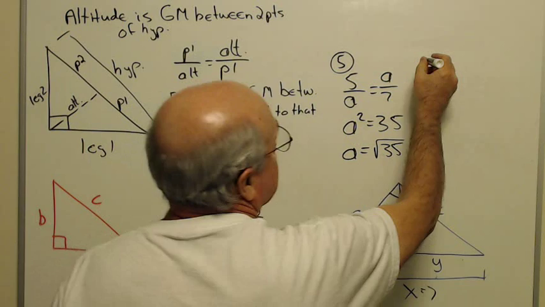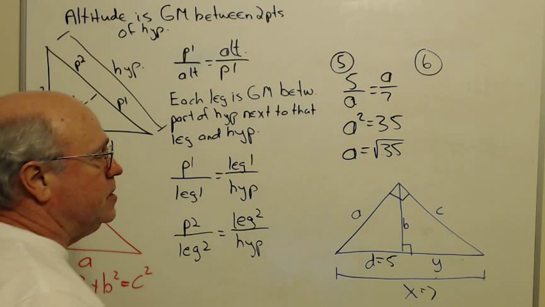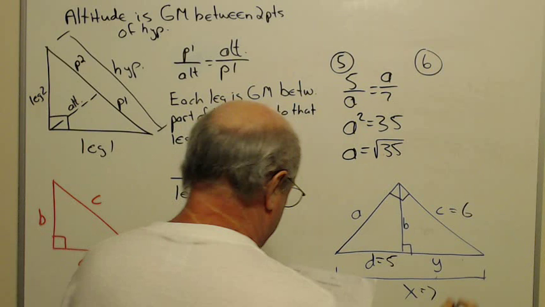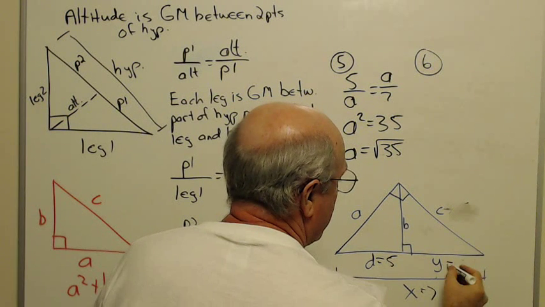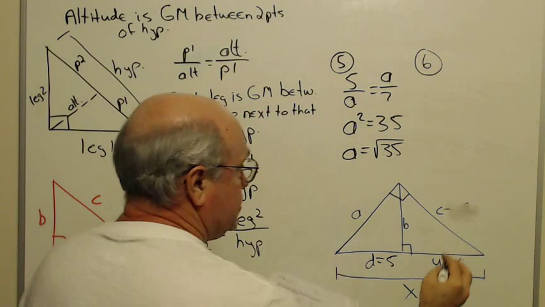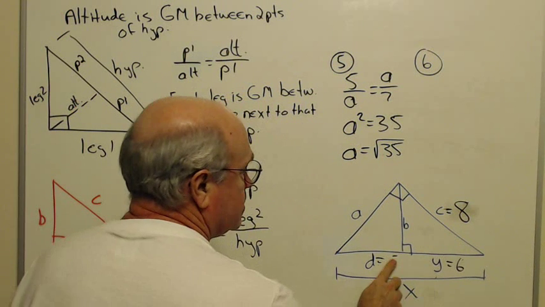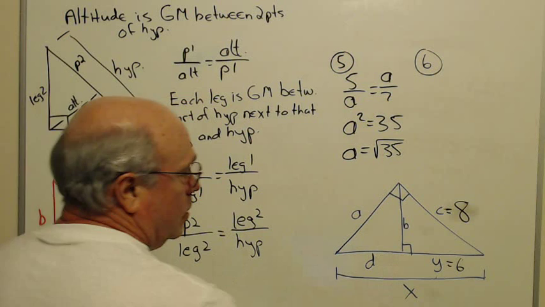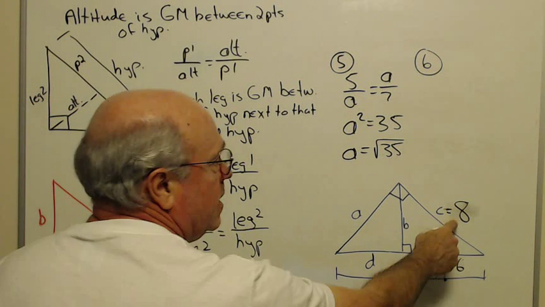On problem number 6, you're given that C is 6, Y is 6, C is 8, and we're trying to find X. Well, again, the rule we're going to use this time is about the leg, because 8 is a leg.